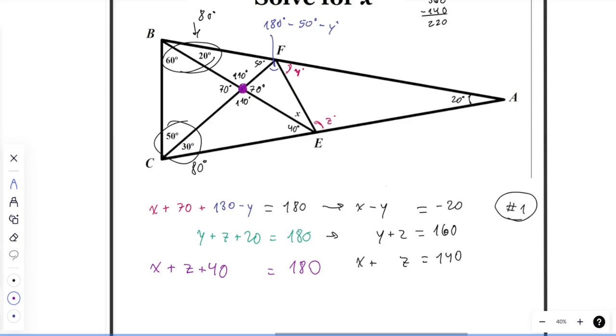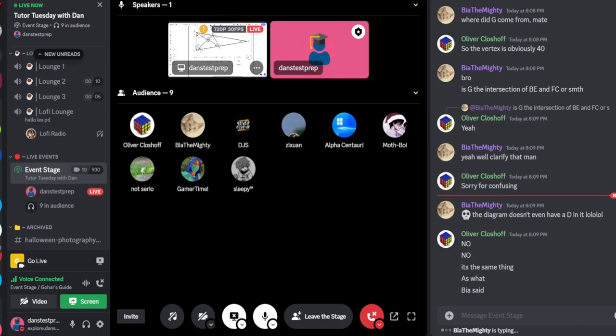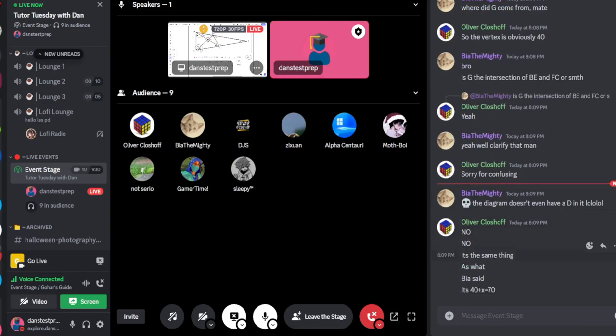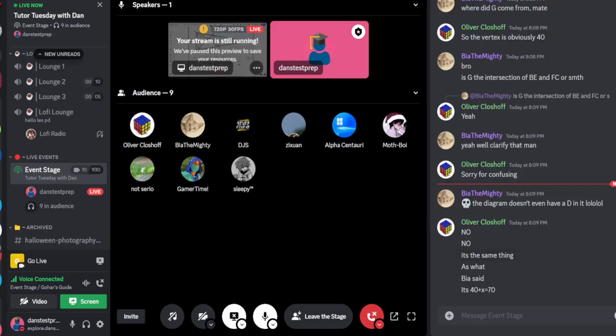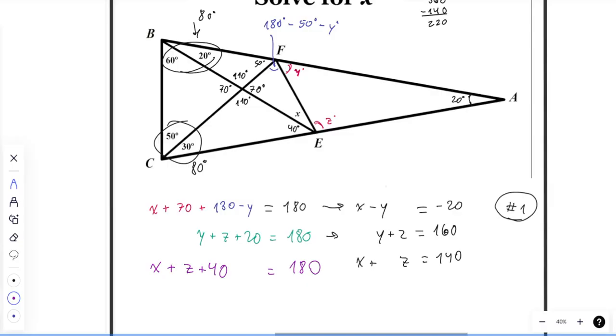If you put G right here, because the angles are different. — 40 plus x equals 70.